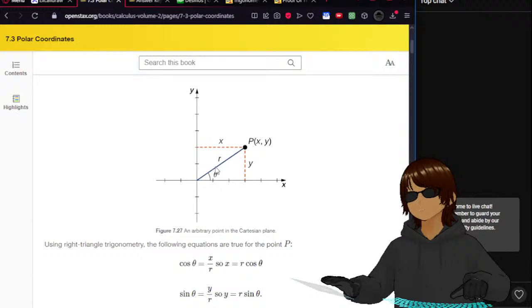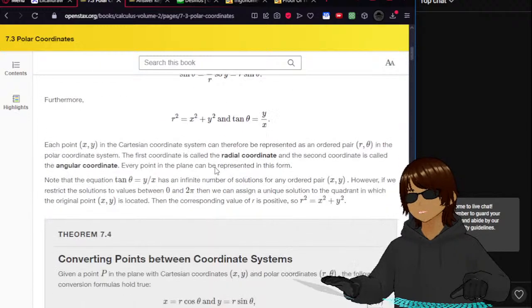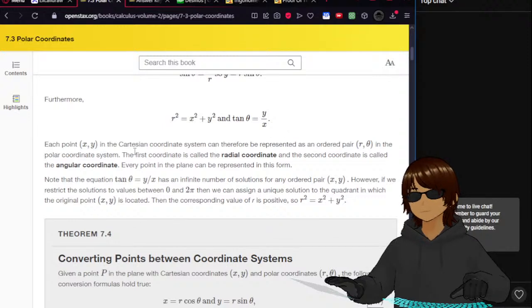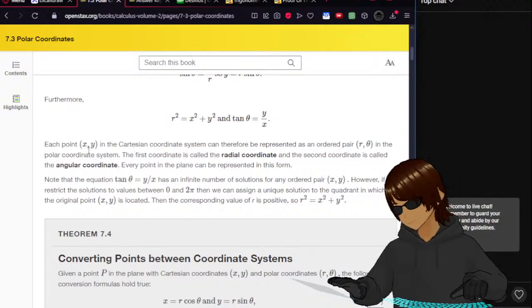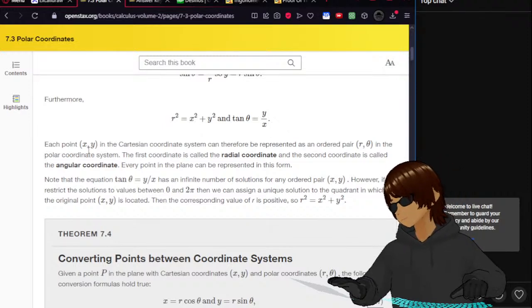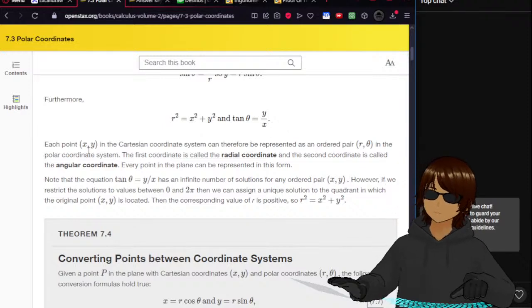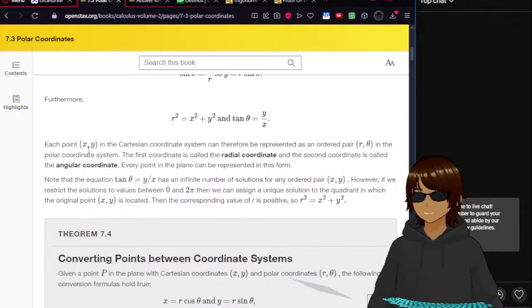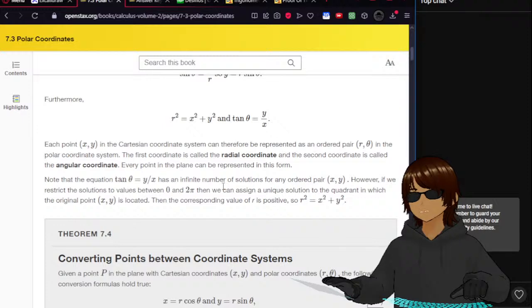Then theta can vary from 0 to 2 pi. Each point xy in the Cartesian coordinate system can therefore be represented as an ordered pair. In the polar coordinate system, the first coordinate is called the radial coordinate and the second coordinate is called the angular coordinate. Each point in the plane can be represented in this form.